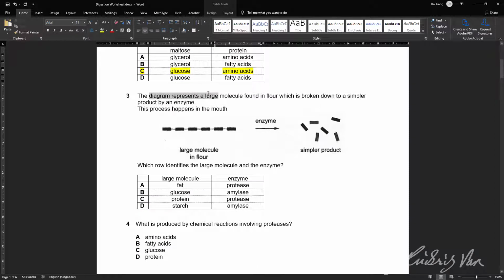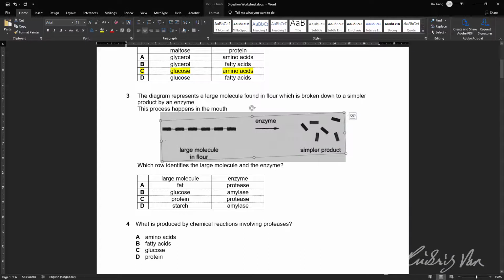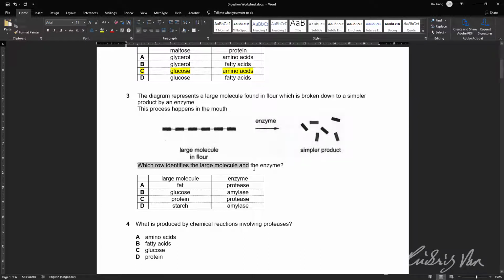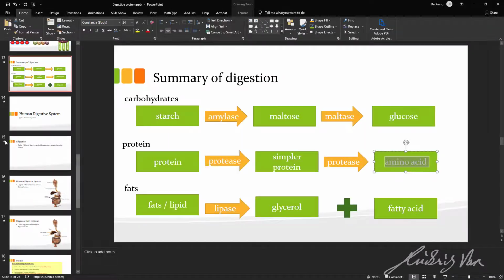The diagram represents a large molecule found in flour, which is broken down into simpler product by an enzyme. This process occurs in the mouth. Which row identifies the large molecules and the enzyme? So let us take a look at the digestion that occurs in the mouth.